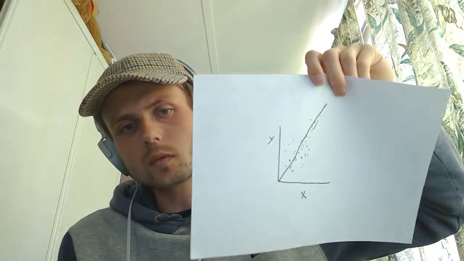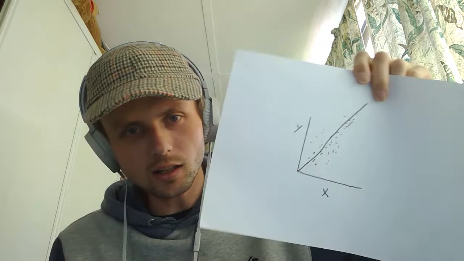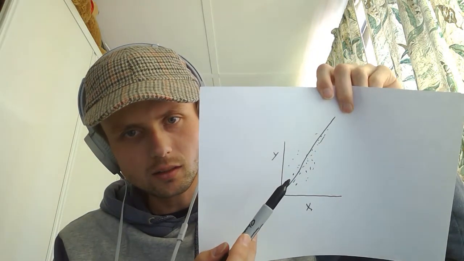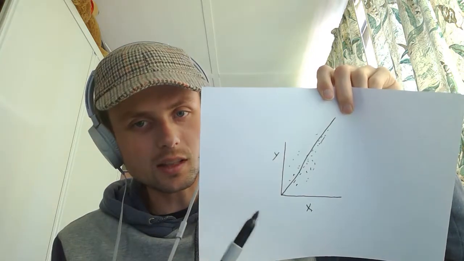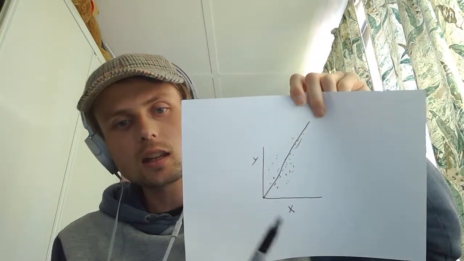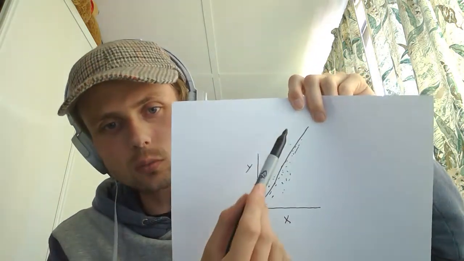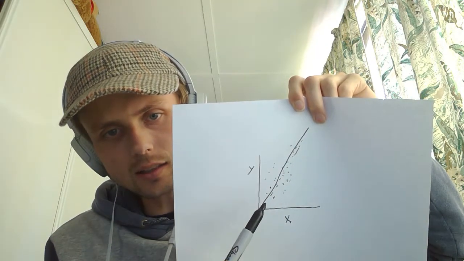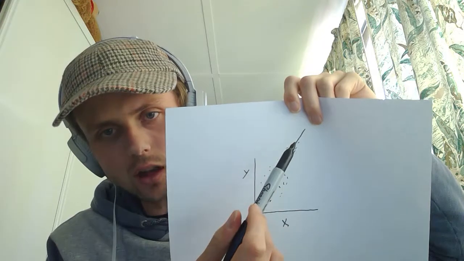But forget all that. That is not regression. Regression is not about fitting a straight line to points. It is something very similar to that, but it's not that. The problem with fitting a straight line to points is that it's all about fitting the line.